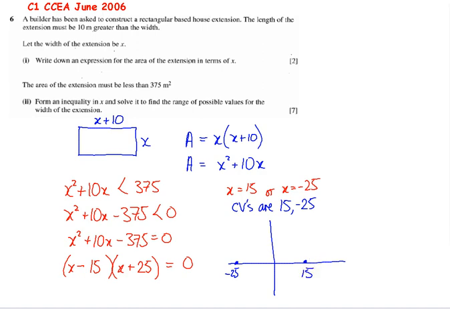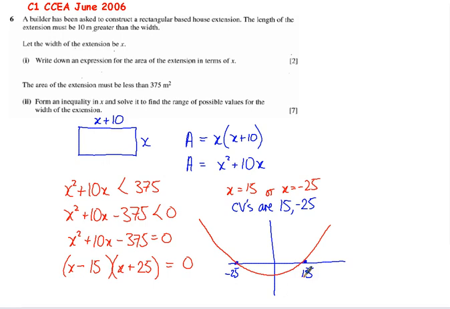And when I draw the graph of y equals x squared plus 10x minus 375, it's a positive quadratic because it's a positive x squared term, and a positive quadratic is a happy face. So when I draw this, it's going to go something like that. Okay? My critical values are the values where my curve crosses the x-axis.